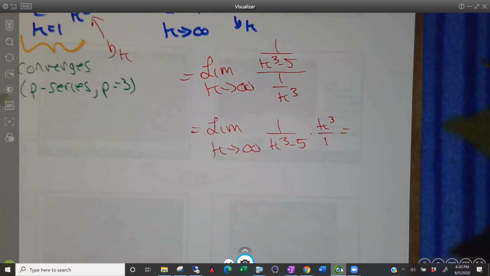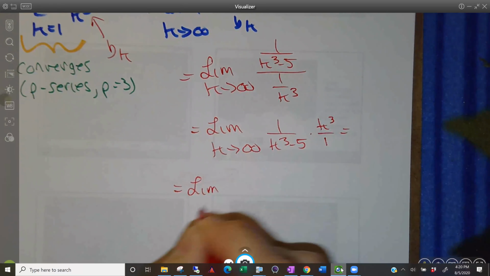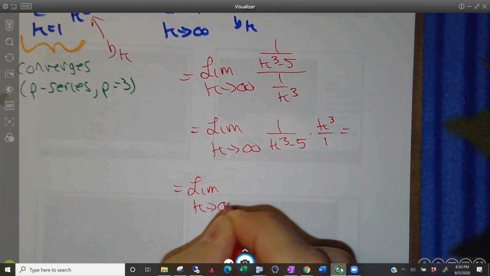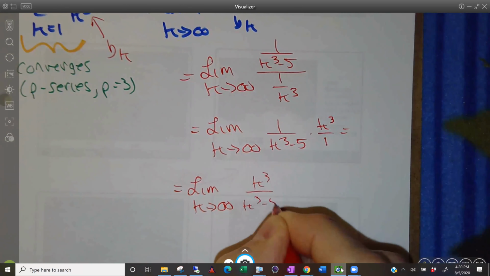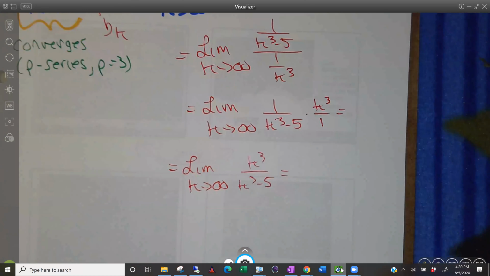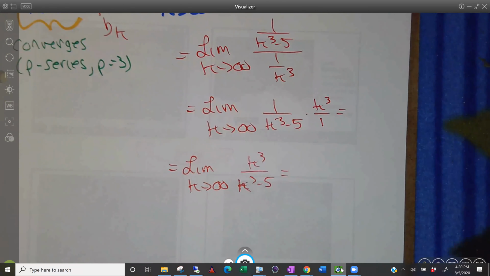Now you could, I suppose, use L'Hopital's rule here, with k cubed over k cubed minus 5 as k approaches infinity. But I'm hoping we don't have to, because you'd have to use L'Hopital's rule a total of 3 times.